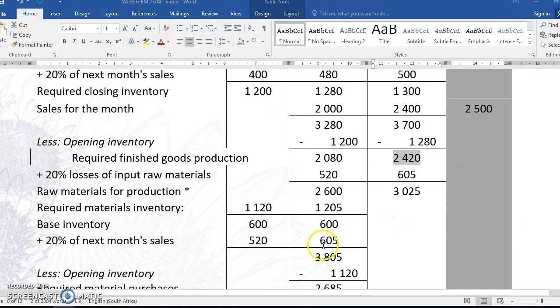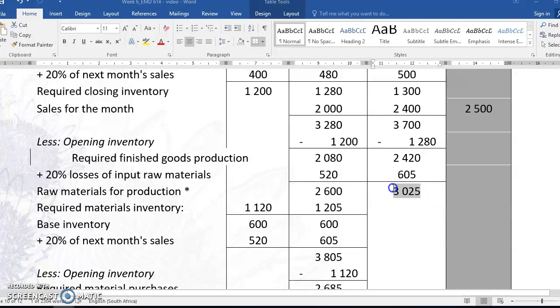Right, and then 20% of the full production was spoiled, so we take the 2,420 divided by 80%, which gives us 3,025, which means 605 must have been spoiled.